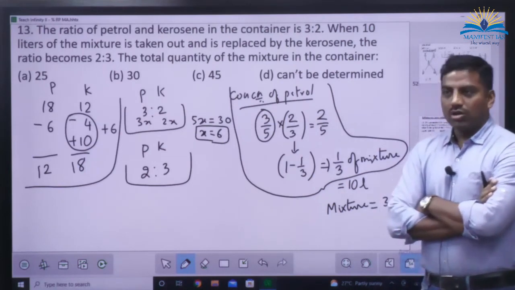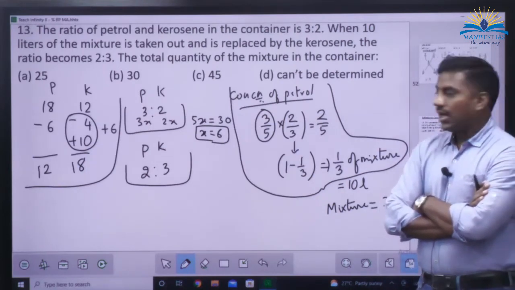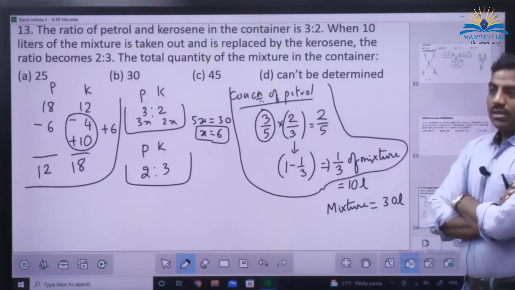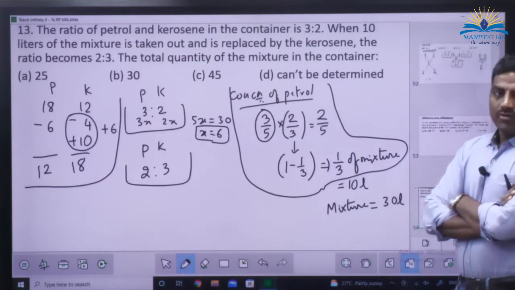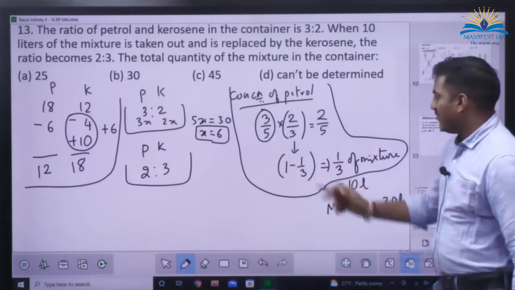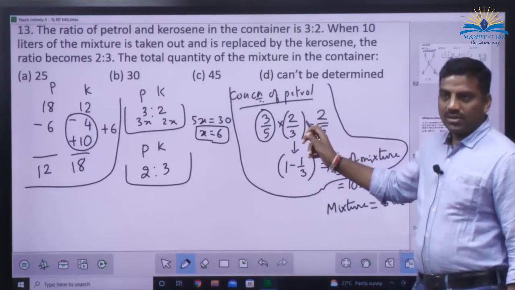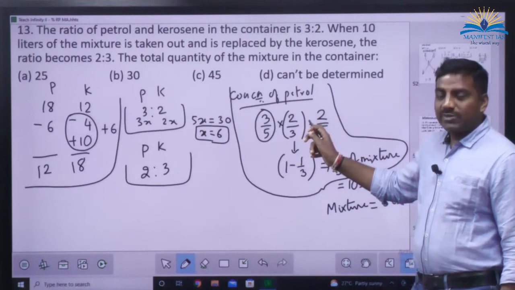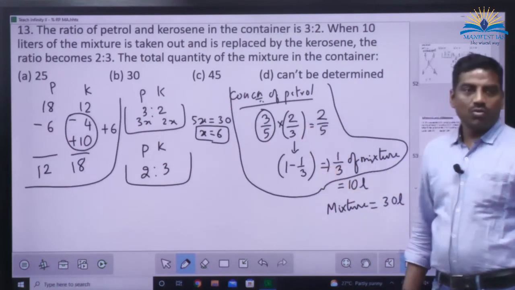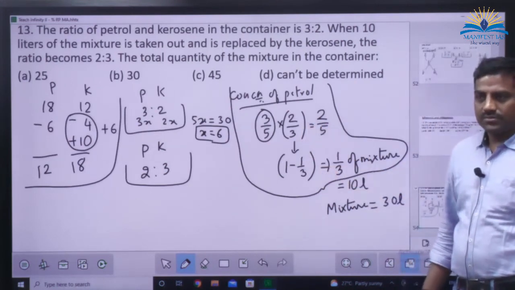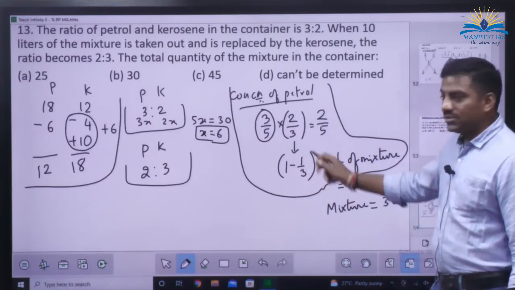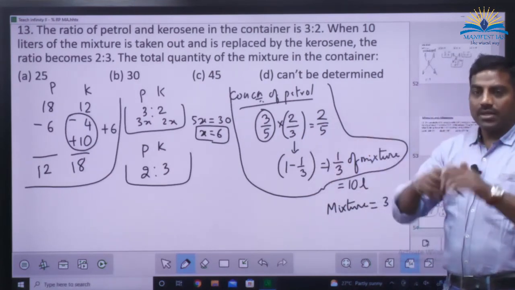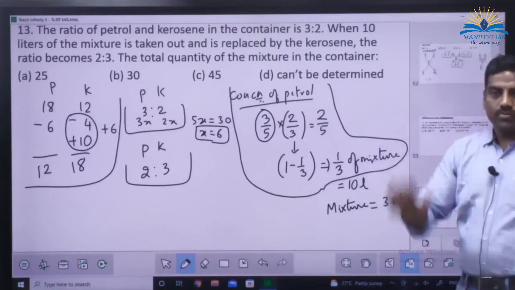Here petrol concentration is 3/5 and finally it is becoming 2/5. Write that fraction which will make the change, and express that fraction in terms of 1 minus something. Whatever you are subtracting, that itself is the amount that you are taking out.